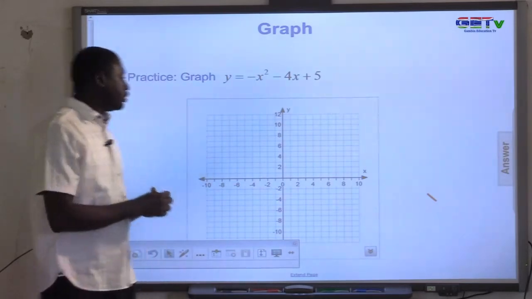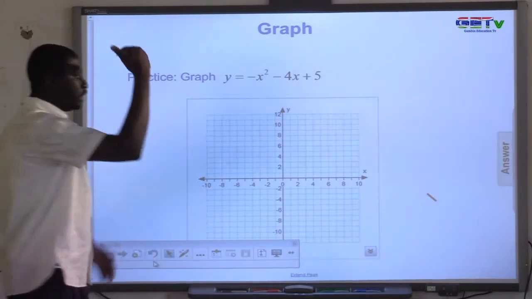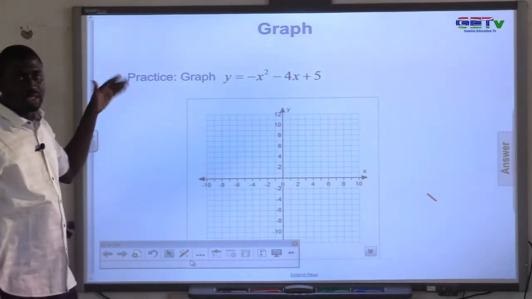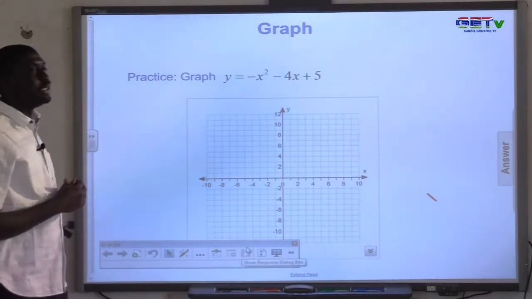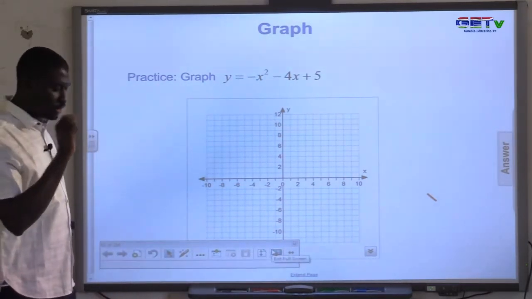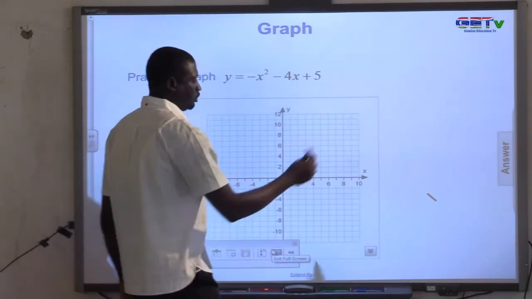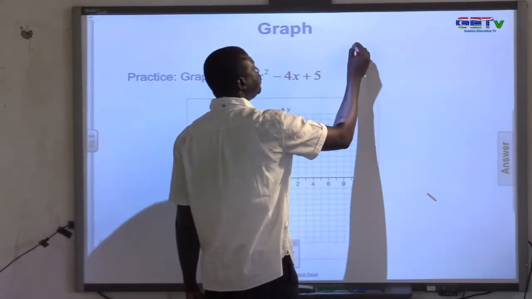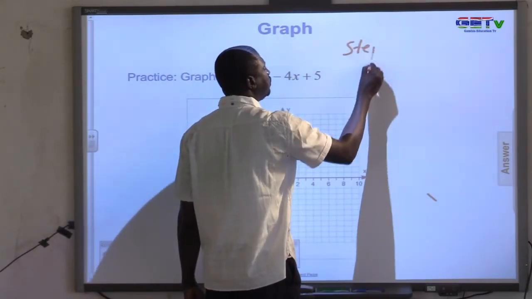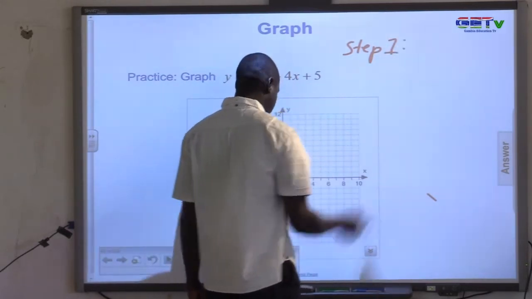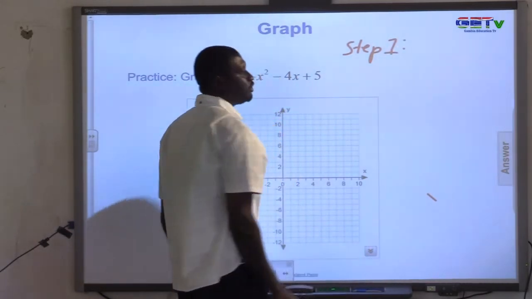If you look at this function, following the procedures that I've explained previously, step 1, we are going to find the axis of symmetry, the line of symmetry.